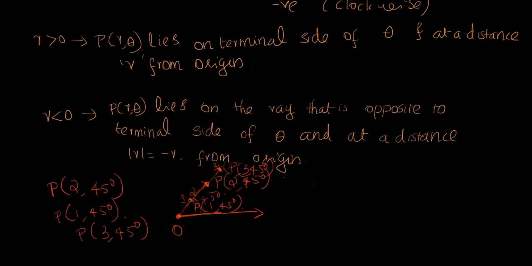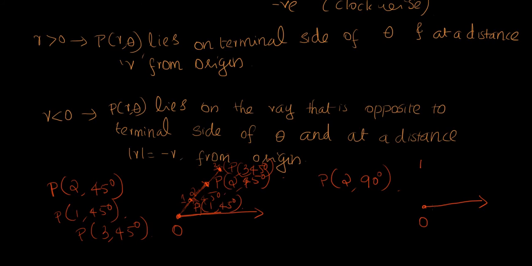Okay. So what will happen to P for the same 2? I will consider P(2, 90 degrees). What will happen to this one? Yes, we can do that. Firstly, we have to draw a polar axis. This is the origin. Next, draw a ray.